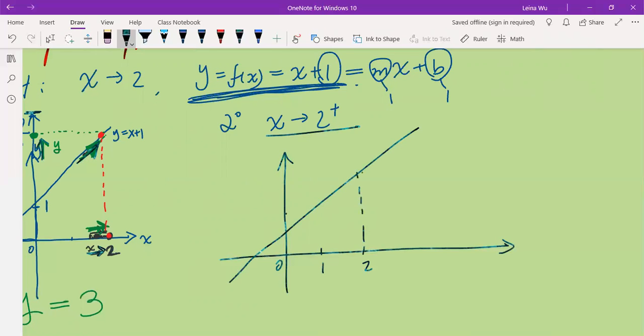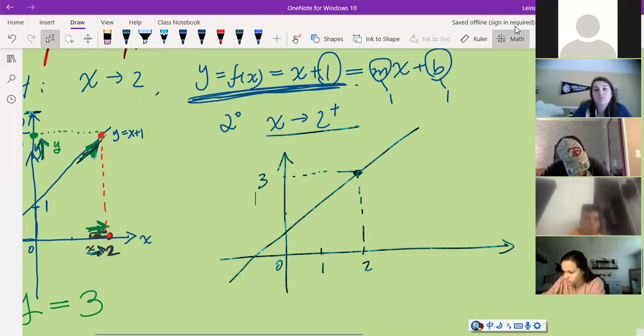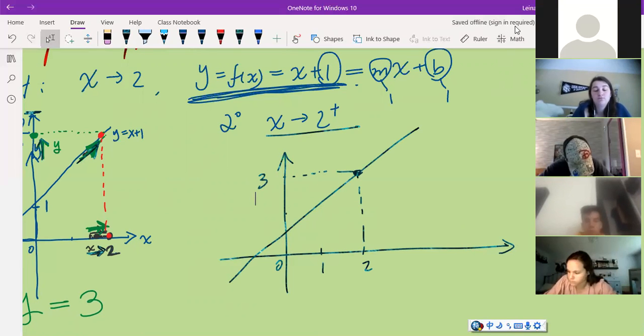And for this 2, the point will be at 3. And this time, my x is approaching 2 from the right. So how do we draw those arrows? That can take us to think about the limit. Any thoughts? Any thoughts over here?